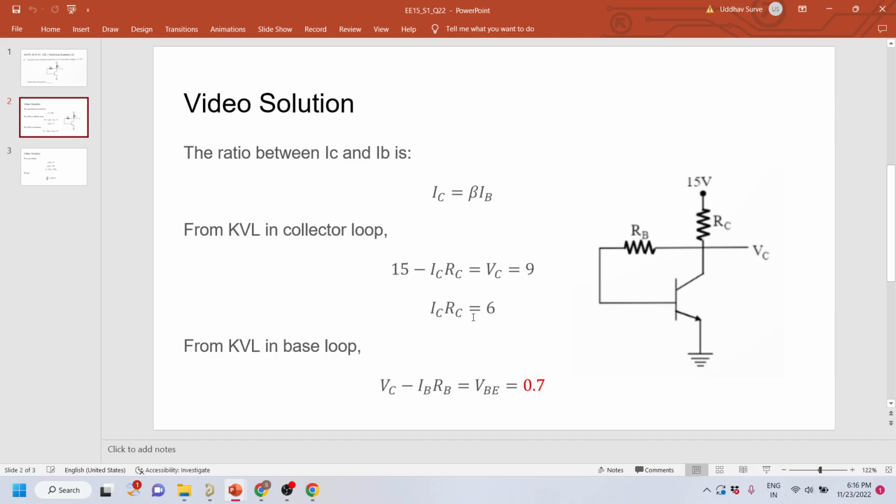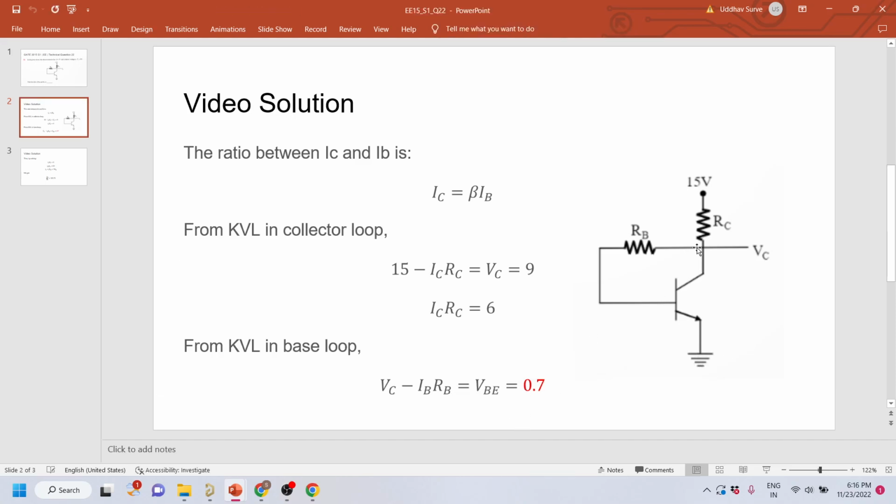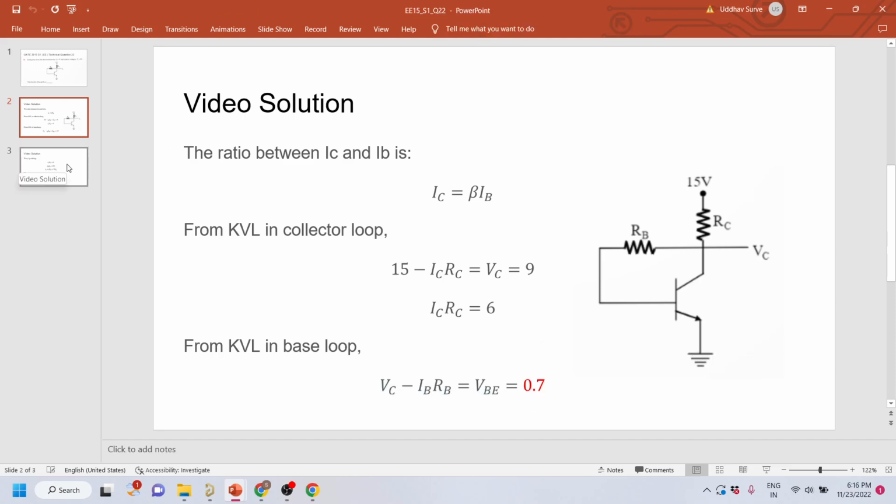Then I_C R_C comes out to be 6. From KVL in the base loop, V_C minus I_B R_B is equal to V_BE. This is the assumption that we need to know, which I have given in red. From V_C to ground, we are applying KVL. V_BE is the forward drop of the semiconductor between base and emitter, taken as 0.7 volts, which is a standard electronics assumption.